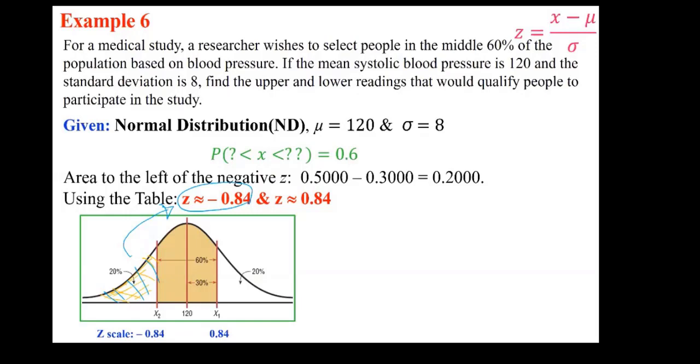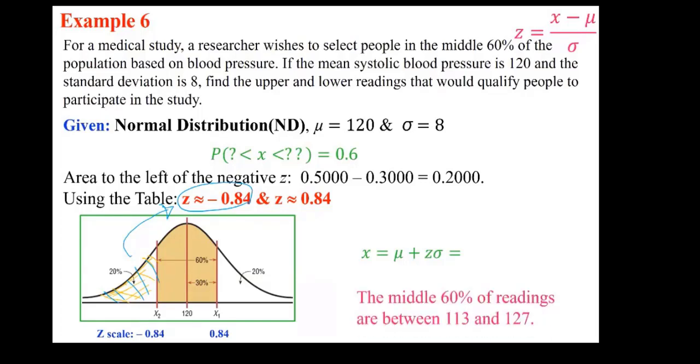X is mu plus Z sigma. You have mu, you have sigma, you plug in negative 0.84 instead of Z, that gives you a value. You plug in positive 0.84 for Z, and that gives you a different value. So that means it's between the two numbers 113 and 127.